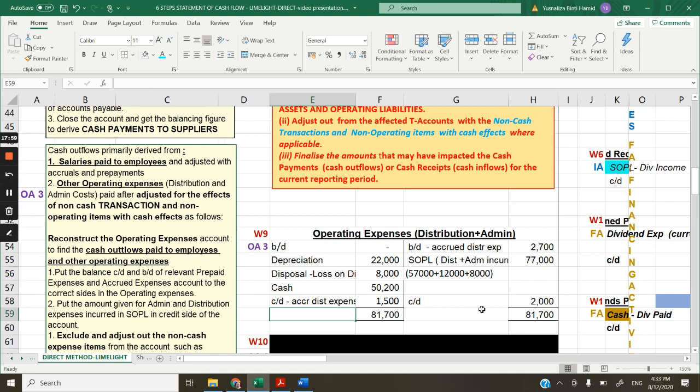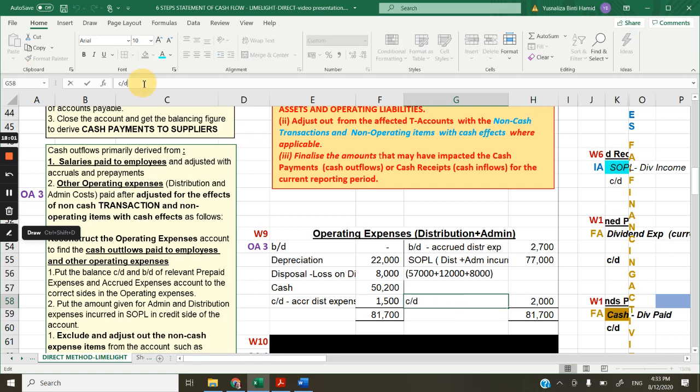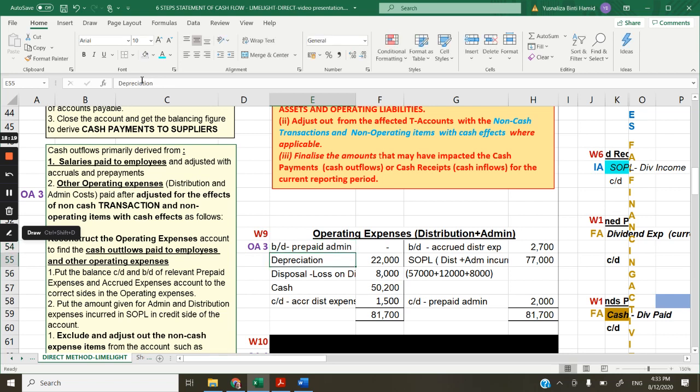And in the section here, you have earlier, if you check, there was some prepaid admin closing balance, but there were none for the prepaid opening balance, right? There are no prepaid admin, but I still put the brought down figure. So you can see that I put this figure even if there is none, because I want to check this. I put this first.